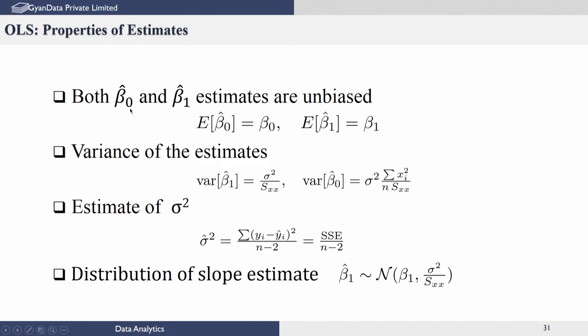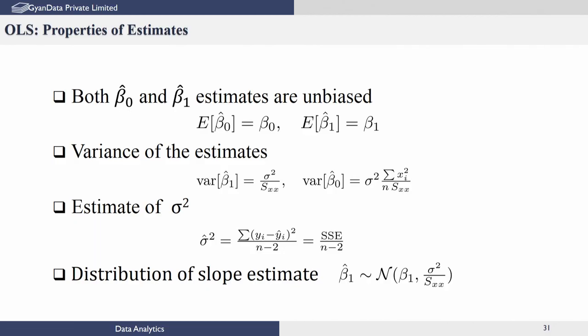Remember that the coefficients of the linear model that we have fitted, which are the intercept term beta naught and the slope term beta 1, are obtained from data, from the sample of data that you are given. We have indicated that these are estimates and not the true values by putting this caret on top of each of these symbols, which means that this is an estimate. Beta naught hat is an estimate of the true beta naught and beta 1 hat is an estimate of the true beta 1, which we do not know.